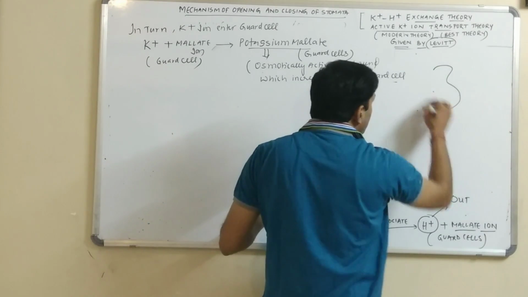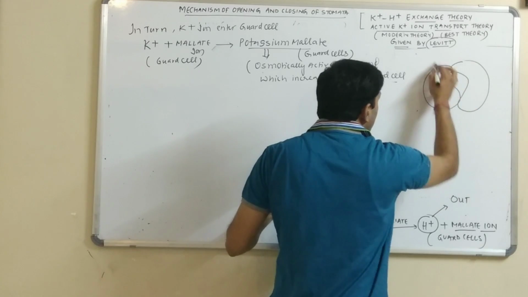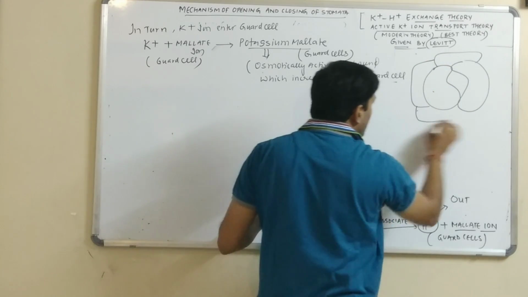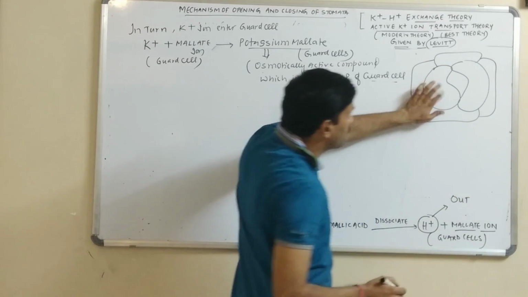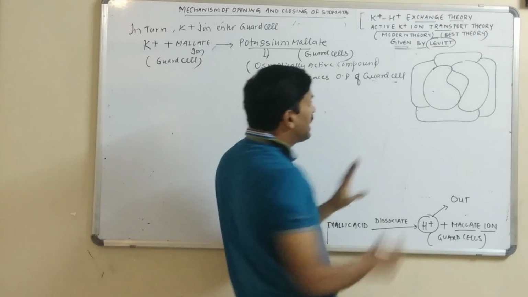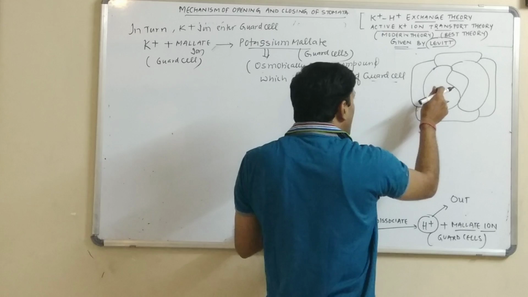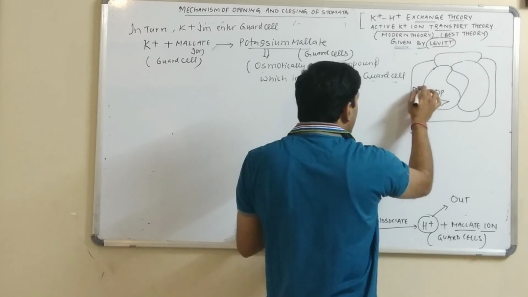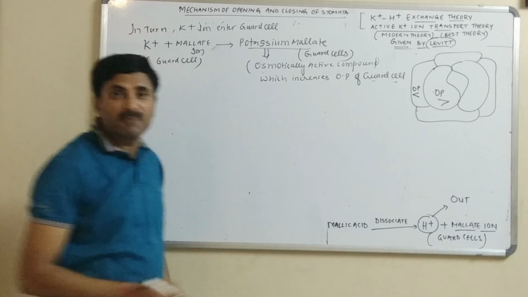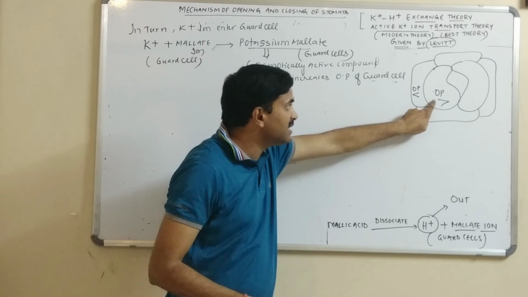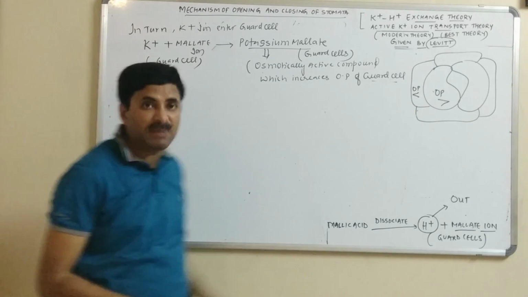So because of the formation of potassium malate in the guard cells, the OP becomes high, and in comparison, the OP of the subsidiary cells becomes low, because a gradient is there. Here if the OP is high, here it will be low.